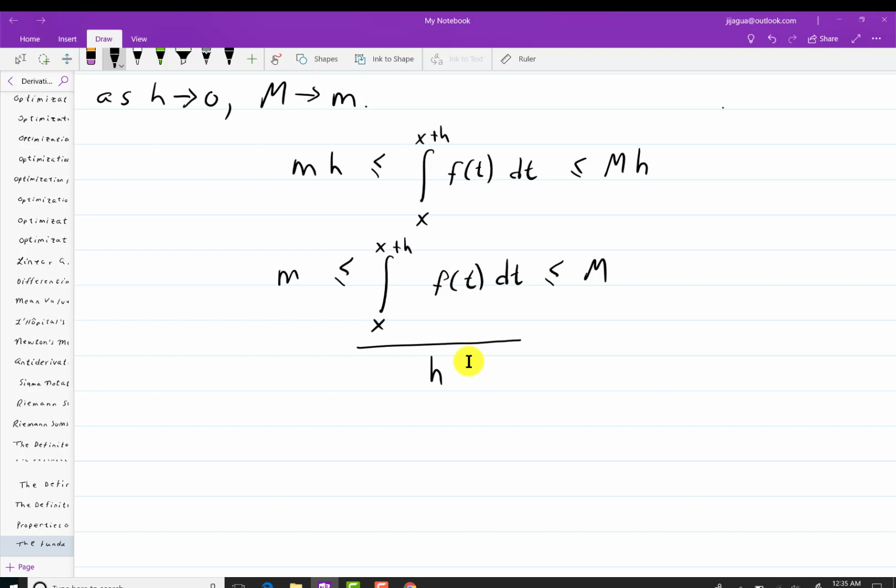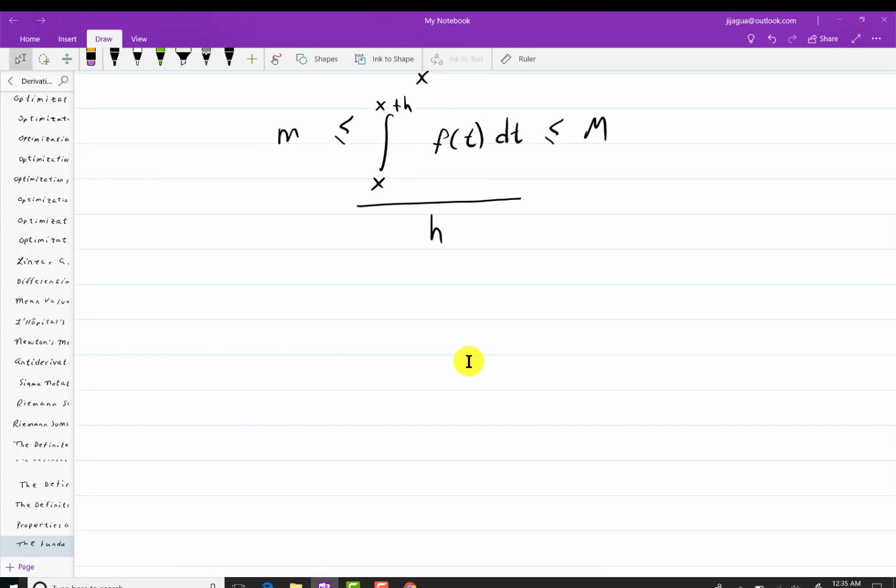Now then, let h go to 0. What does that tell you? If h is going to 0, capital M is approaching little m. And so this thing in here must equal what they all become.